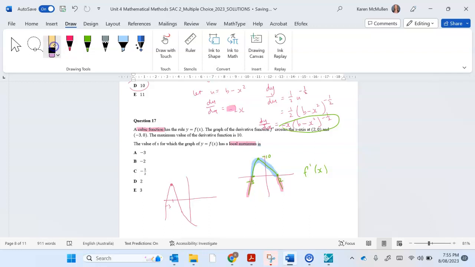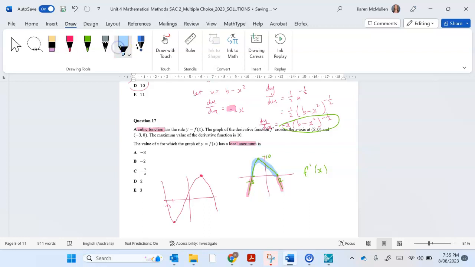Sorry, I did it around the wrong way. It's negative, and there's your turning point at negative 3, and then it becomes positive again, and then at 2 there's your turning point, and it's coming back down.